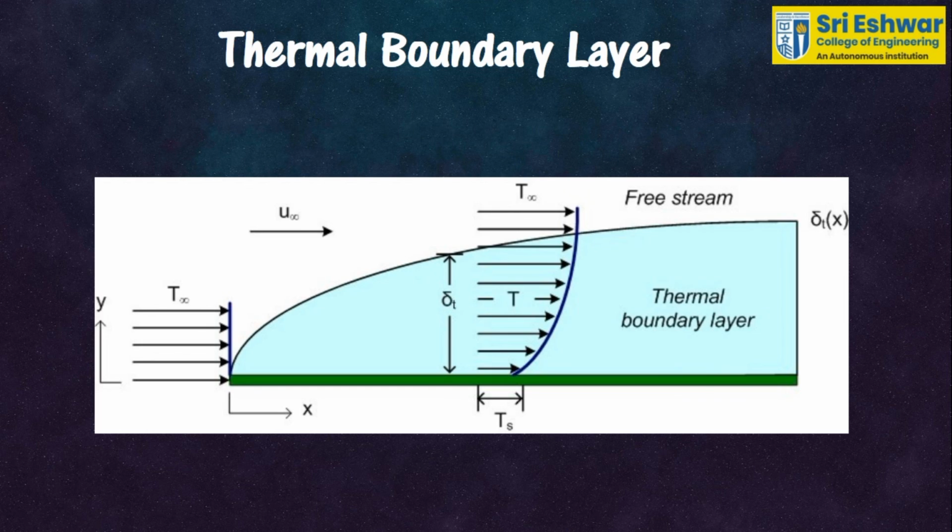The temperature at the solid wall gradually changes as one moves towards the free stream of the fluid. It is impossible to define a sharp point at which the thermal boundary layer fluid or the velocity boundary layer fluid becomes the free stream. Yet, these layers have a well-defined characteristic thickness. This is the concept of thermal boundary layer.